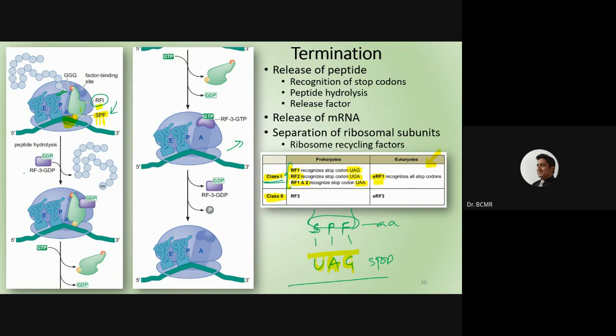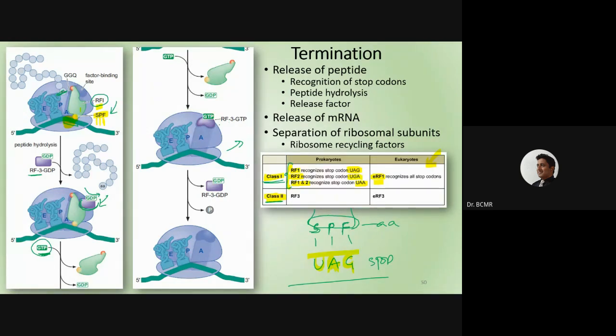And RF3, the class 2 release factor, binds to the class 1 RF1 or RF2. They exchange GDP for GTP; in the GDP state they are not as active, but once GDP is exchanged for GTP, they become active.